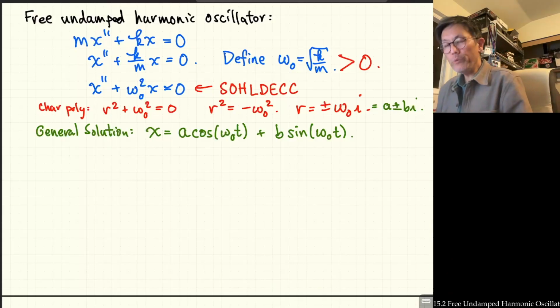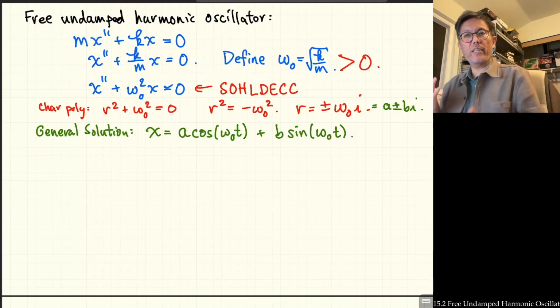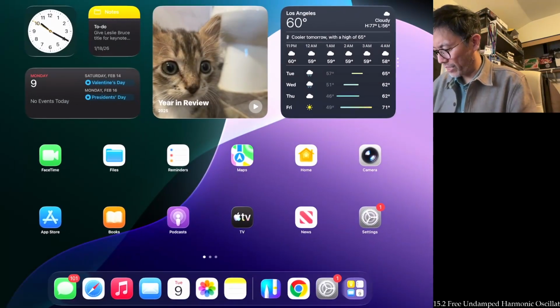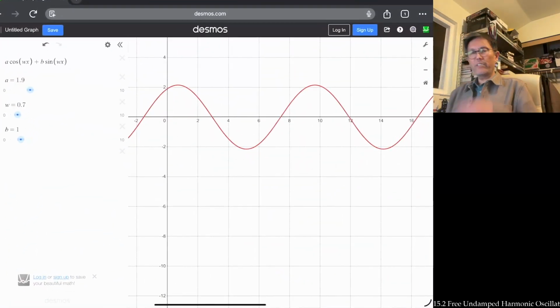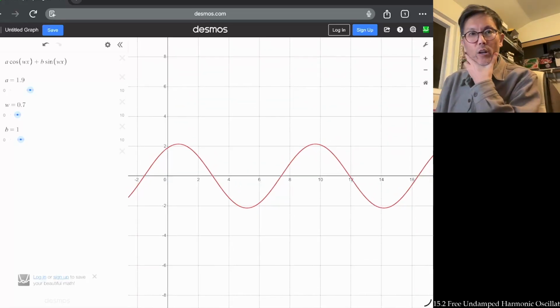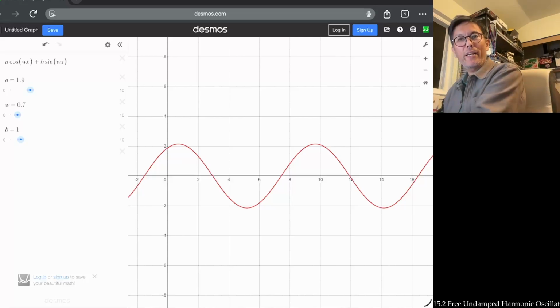Now, what do these general solutions look like? Maybe the easiest way to understand that is to take a look at what this looks like in Desmos, and that's what I've done here for you. Here is what a cosine omega naught t plus b sine omega naught t looks like.